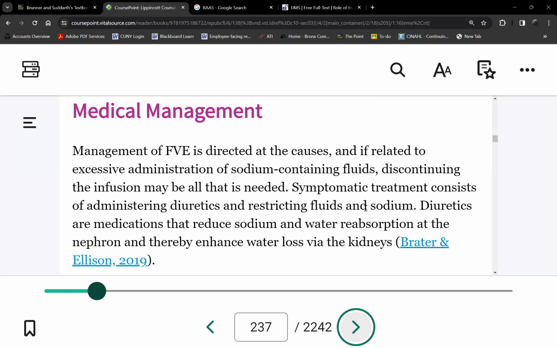It could be signs and symptoms, or it could be treatment. What are the interventions? Drag the interventions. Where will you put giving fluids? Here under dehydration. Where will you put fluid restriction? Under fluid overload. Where will you put diuretics? Fluid overload. Things like that. Exams are fun. I like this.